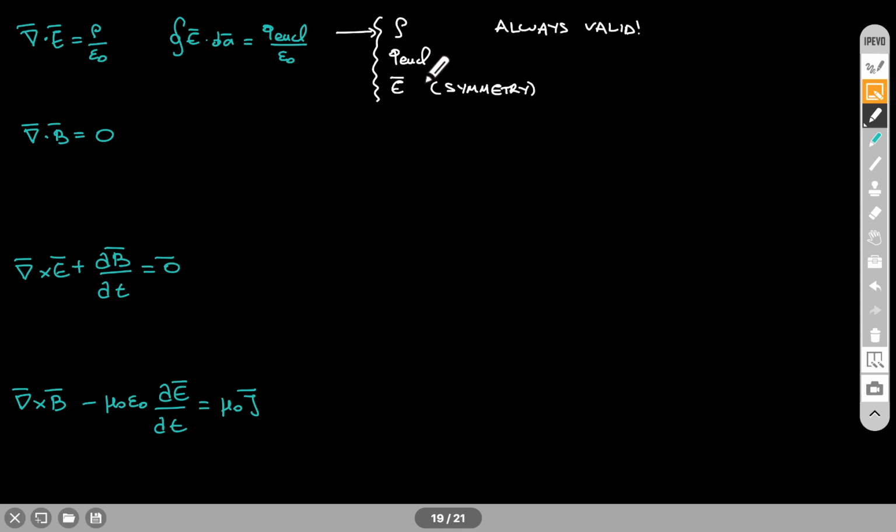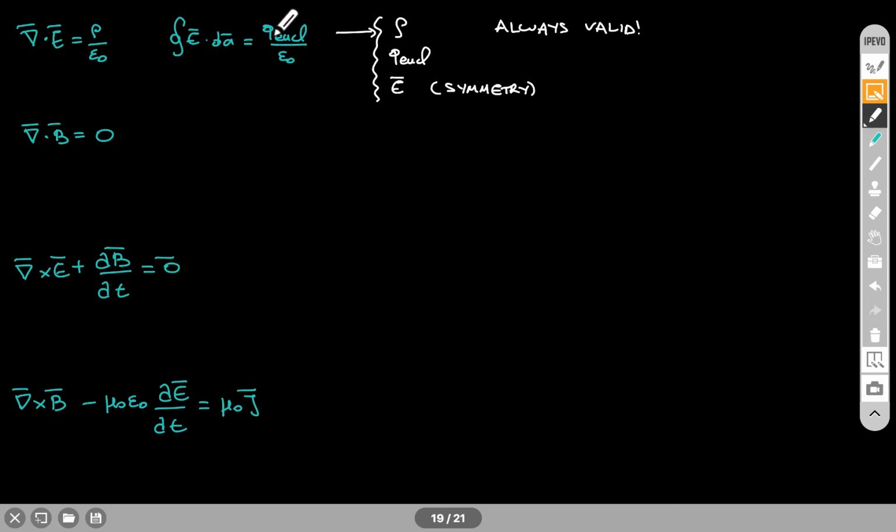Now, I do want to mention, the first thing that we did in electricity is Coulomb's law. Of course, you don't see anything similar to Coulomb's law here in Maxwell's equations. Actually, Coulomb's law can be derived from Gauss's law.